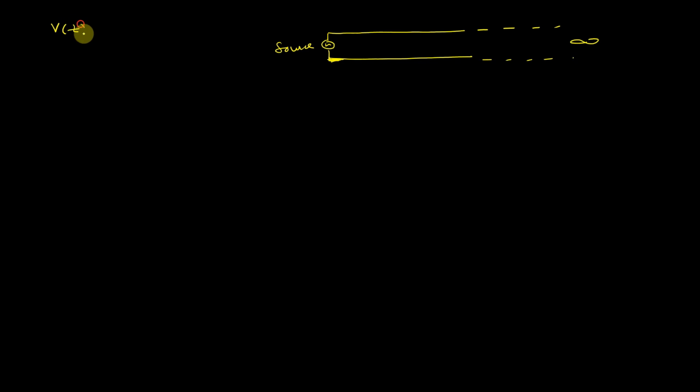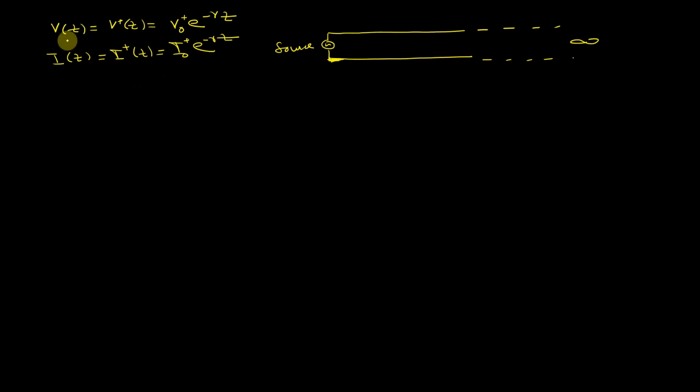So we can rewrite Vz as V plus Z only, no V minus Z, because for this infinitely long transmission line the load does not exist, the load is at infinity, so the reflected wave will not be there. You can write e raised to power minus gamma z. Similarly Iz is equal to I plus Z, which is I naught plus e raised to power minus gamma z, okay.